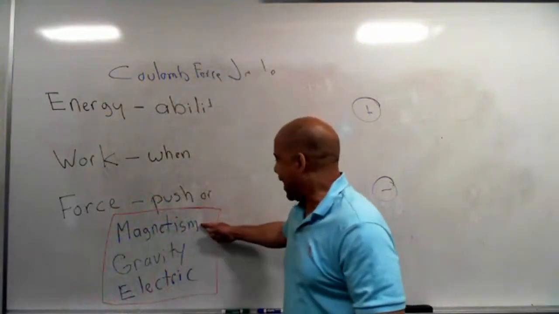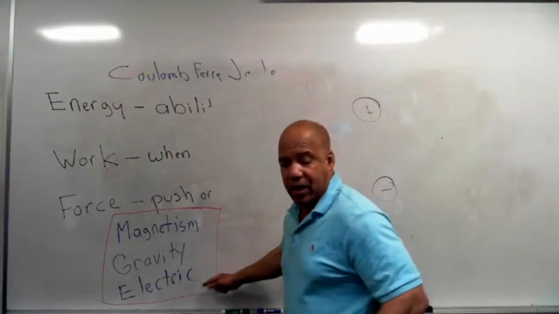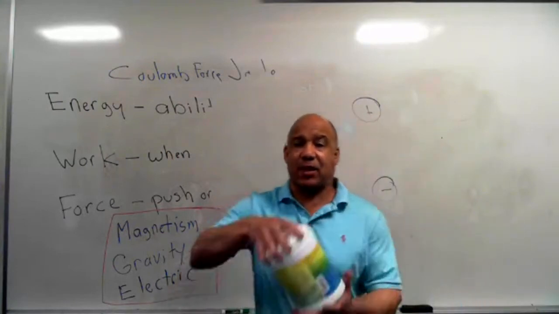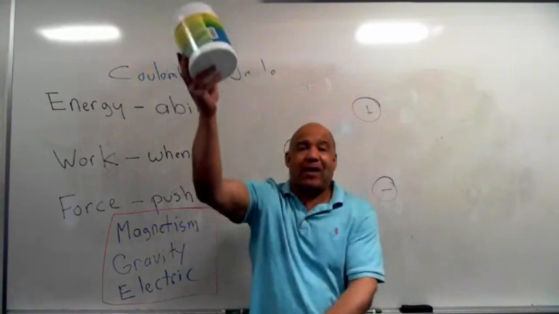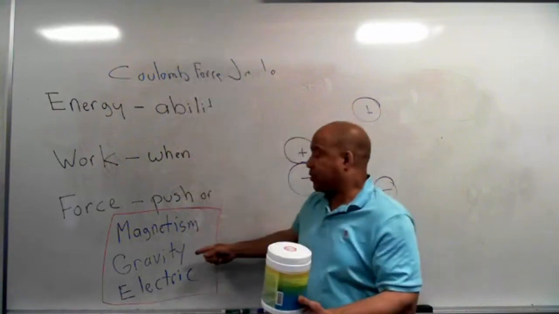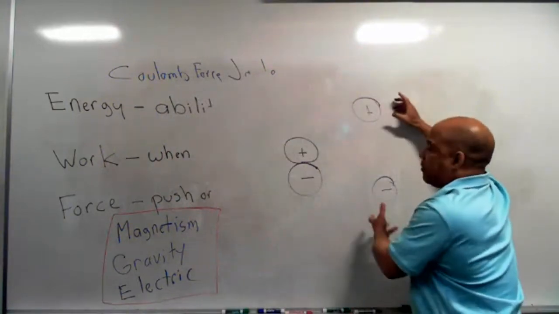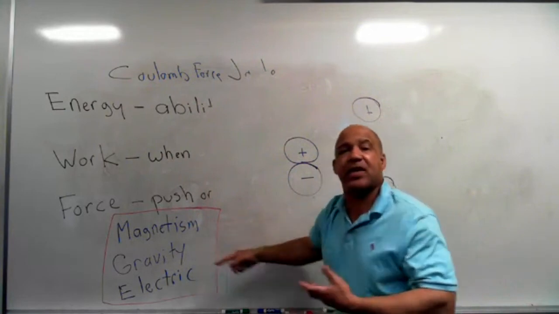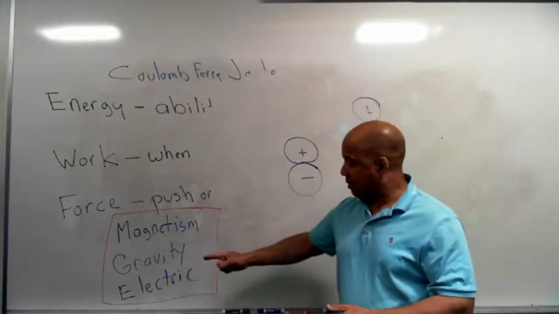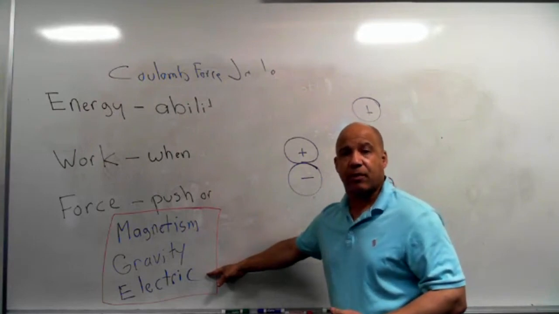Remember, there was magnetism, there was gravity, and there was electric. Before, when I had the two masses and I separated them, the thing that made them want to come back together was gravity. But if I have two charges, the thing that wants to make them come back together is not magnetism. It ain't gravity, it's electric force.